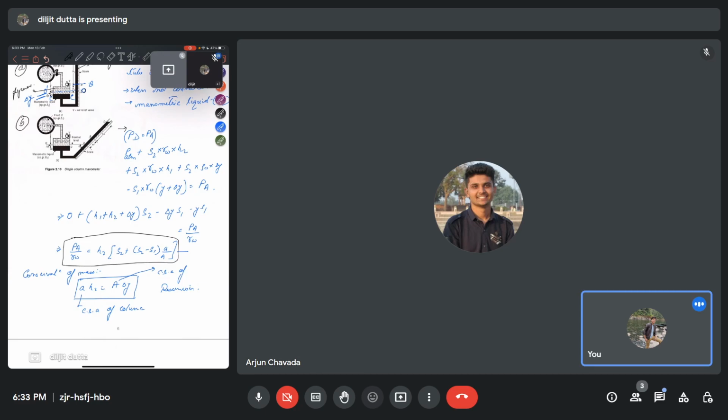So if this is H1, the height will be H1 sin theta. So when you take this equation, replace H1 and H2 by H1 sin theta and H2 sin theta. Rest everything will be the same.